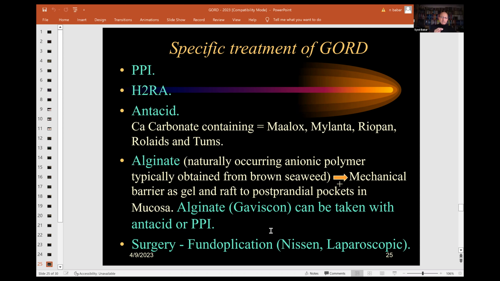You reduce the fundus by bringing it close to the cardia, which is the lower esophageal sphincter, and wrapping the fundus all around it. So you have therefore ischemically reduced the population of parietal cells. Procedure is called Nissen's, can be done through open surgery or laparoscopically.